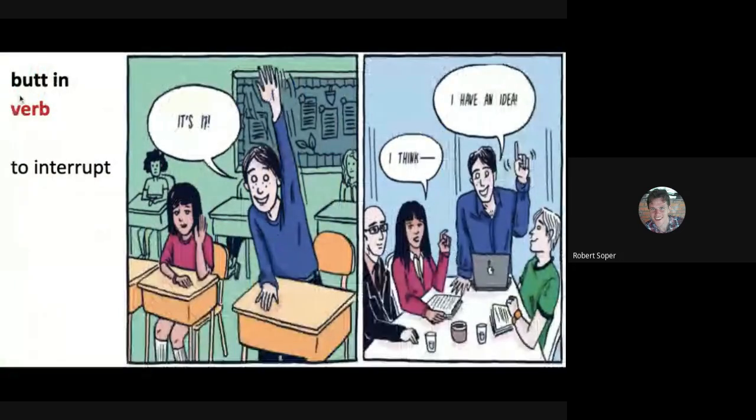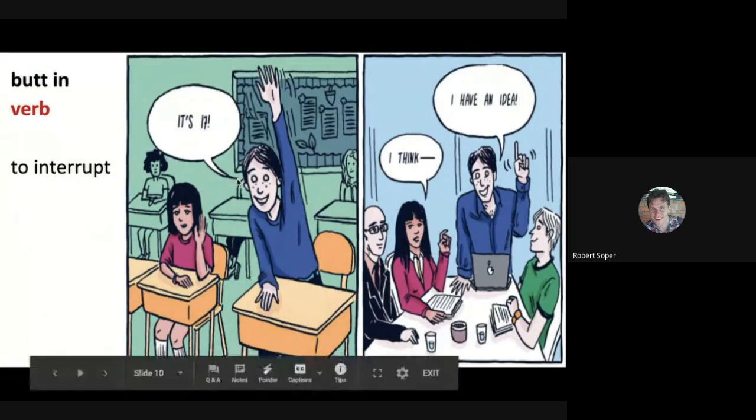Here we've got the phrase butt in. It basically means to interrupt. So looking at this picture, we can imagine how this child, or this student, butted in.